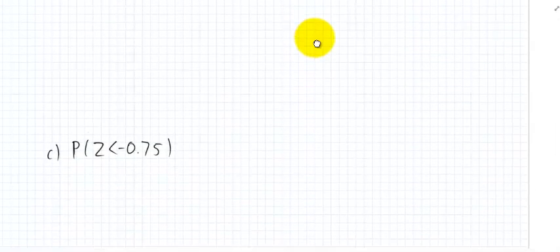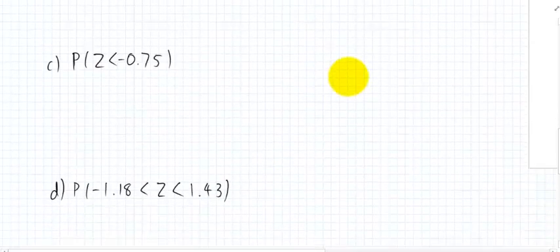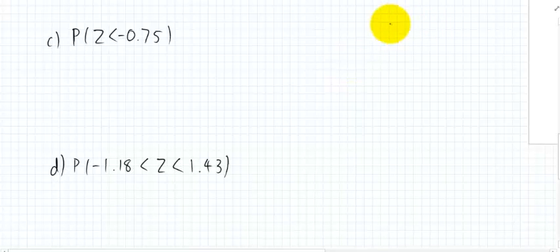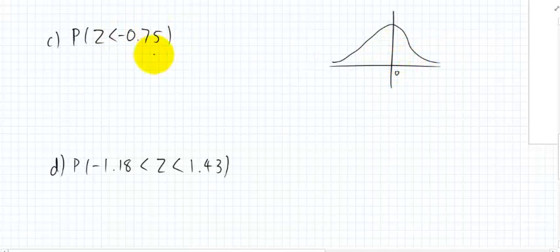Next question. Probability of z being less than minus 0.75. Let's first sketch the graph as always. 0 in the middle. This is a minus number, so it's to the left, minus 0.75, and then the probability of z being less than this negative number. Again, this is not in a less than positive form, it's a less than negative form. So we're going to have to do some changing.